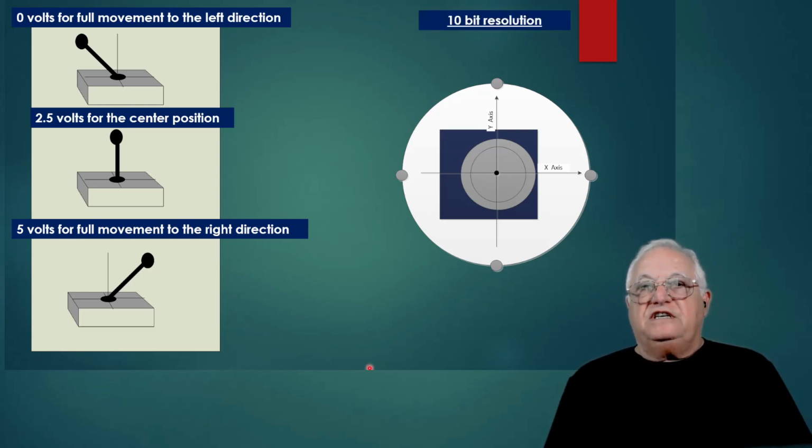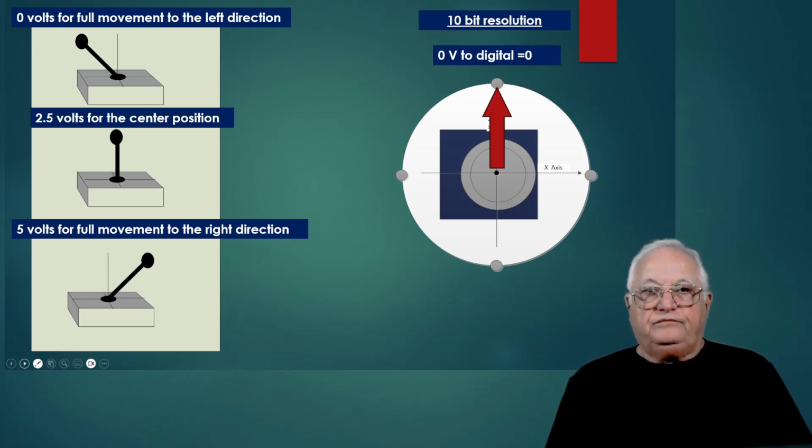So let's see what would be the conversion from analog to digital for a 10-bit resolution. So we would say all the way front, that would be 0 volts, and that would be digital 0.